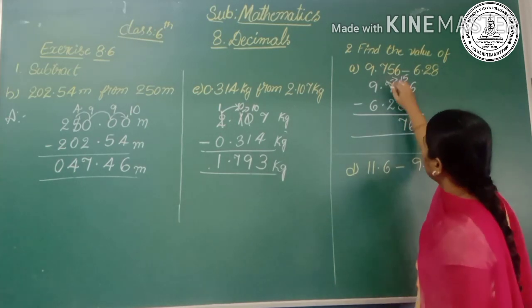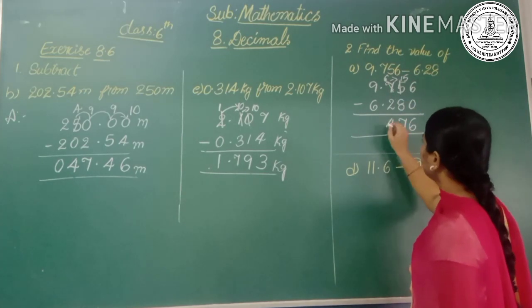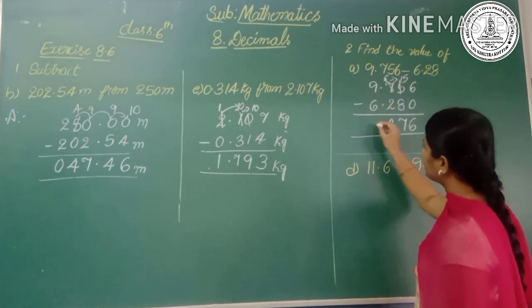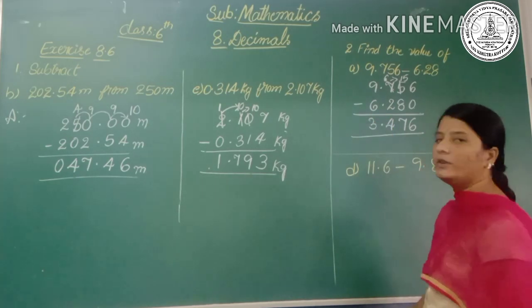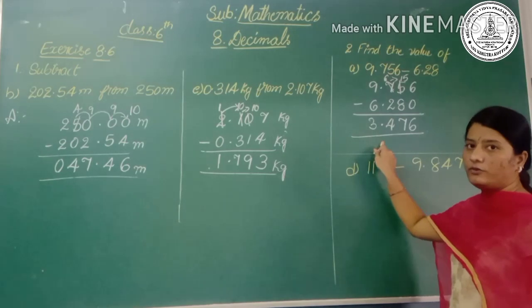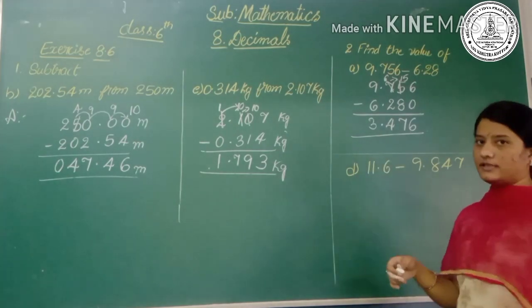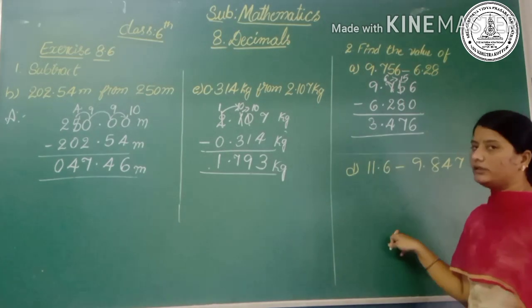Then after giving the borrow it becomes 6. 6 minus 2 is 4, keep the decimal point, and 9 minus 6 is 3. So the value of the given two numbers is 3.476. Similarly, we have to do the B and C problems, and I will do D.